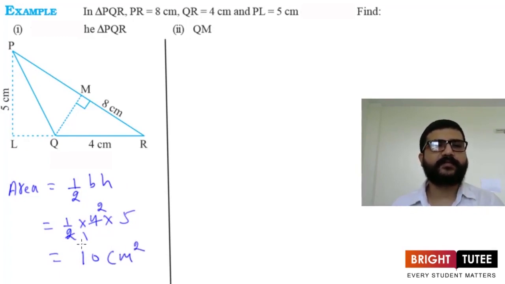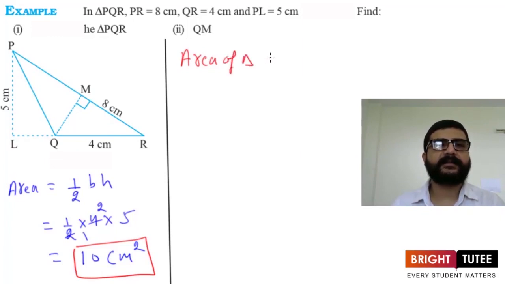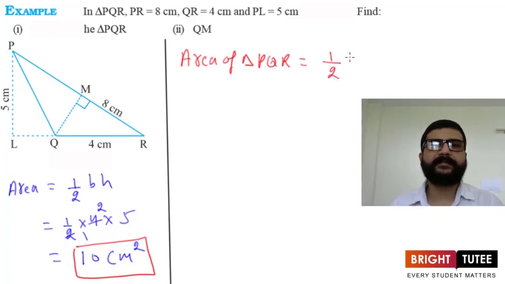Now what else do we have to find? We have to find QM. Now if we will consider PR as a base, then QM will be the height corresponding to this base. So therefore we can write area of triangle PQR is equal to half into base into height, it means half into PR, which we are considering as base, and the height corresponding to this base will be QM.